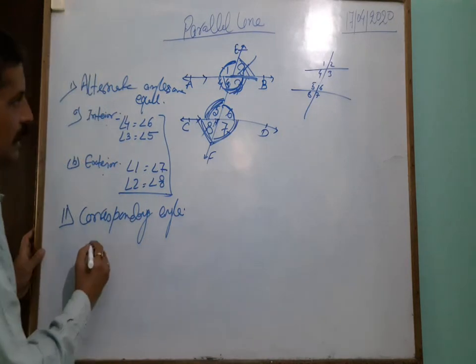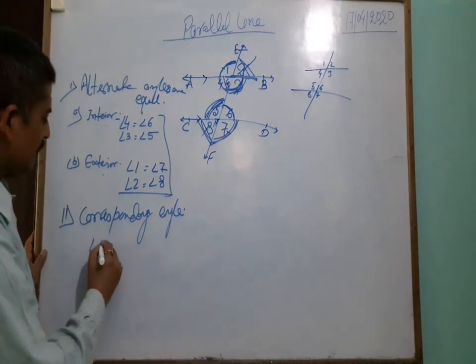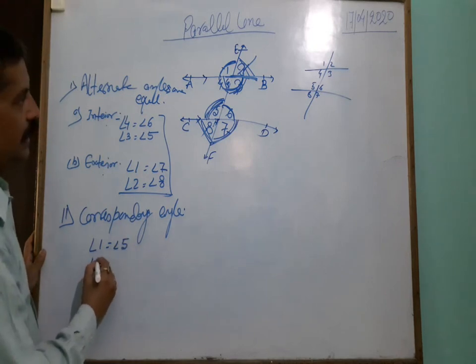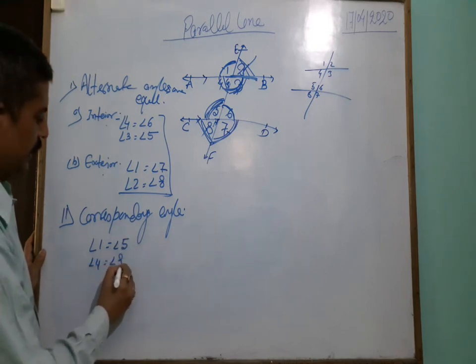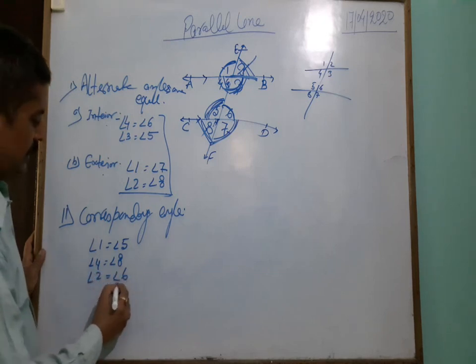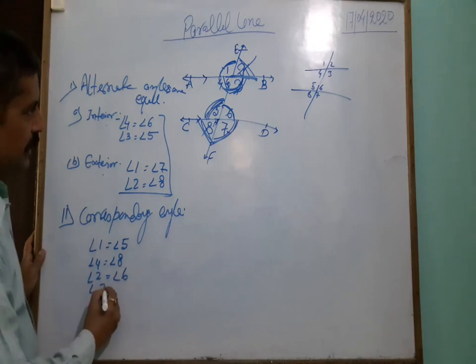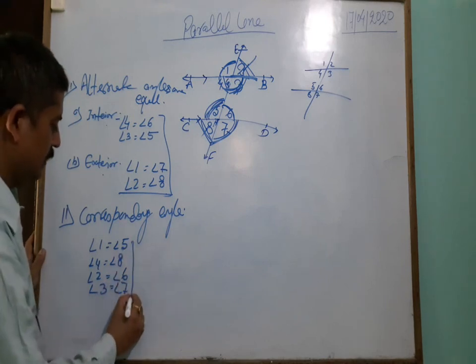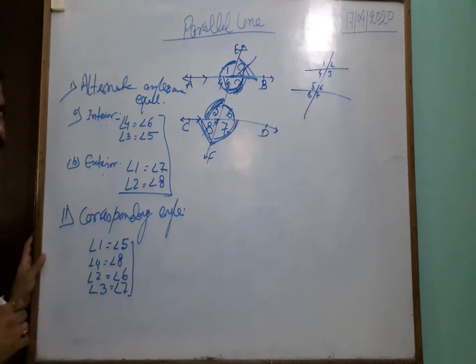That means angle 1 equals angle 5, angle 4 equals angle 8, angle 2 equals angle 6, and angle 3 equals angle 7. That is called the corresponding angle.